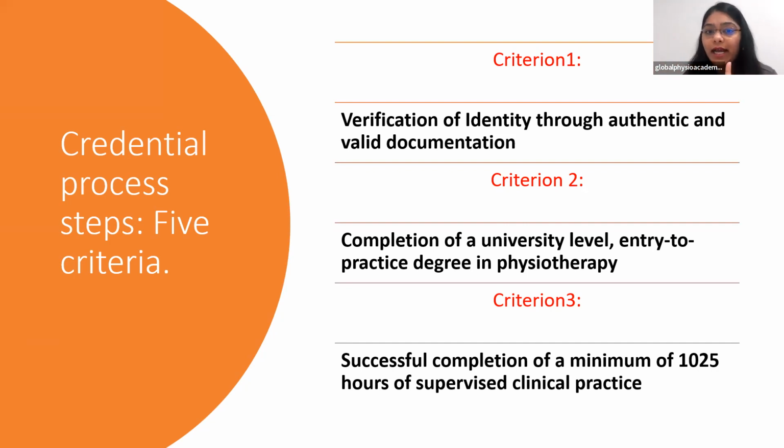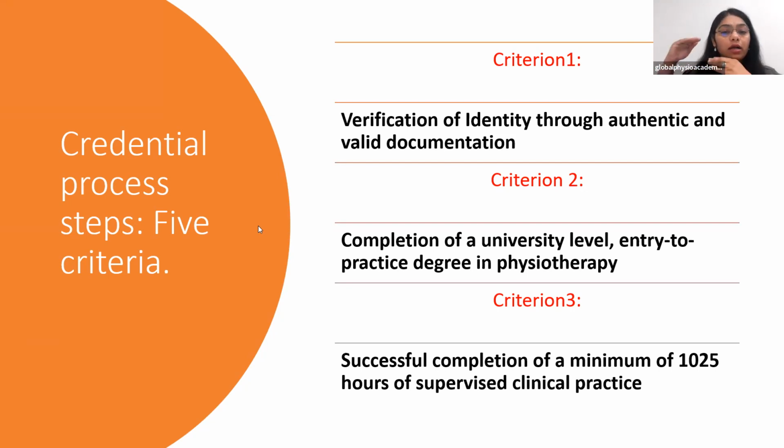The first criteria is that you have to send your document to the CAPR, Canadian Alliance of Physiotherapy Regulators. All the verification of documentation is done in the first criteria. So documentation is you sending to the CAPR. That is your name, identity document, fees, everything is your documentation.